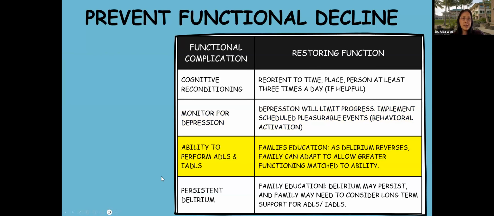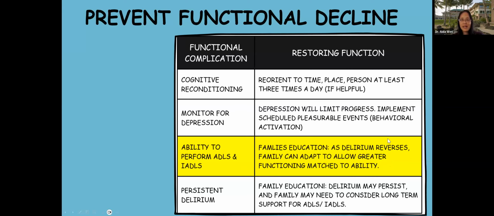Next is the ability to perform activities of daily living, or instrumental activities of daily living. These are things that allow them to function at home, right? So family education. So as delirium reverses, the family can adapt to allow greater functioning matched to ability. Sometimes we say, oh, they can't do it anymore, and then they just do everything for them and they don't do anything anymore.